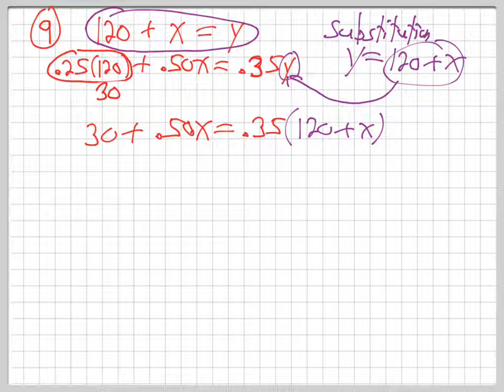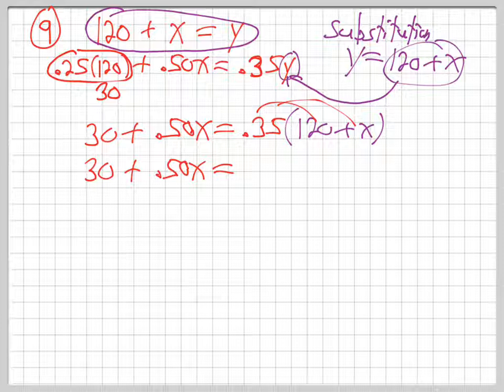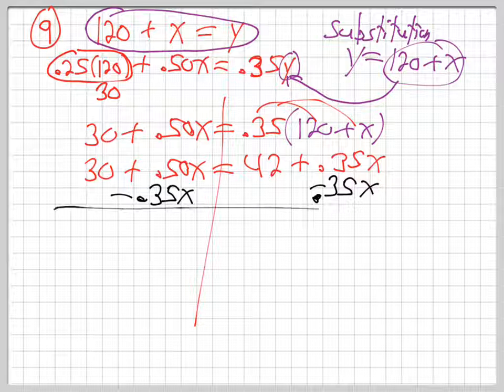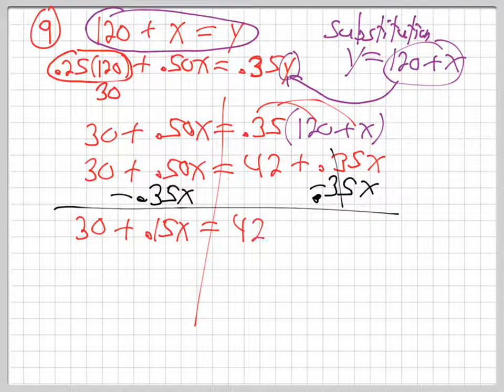All right, so let's crank this out. 30 plus 0.50x. Use your calculator. 0.35 times 120. I'm getting 42 plus 0.35x. Trying to solve for x here. We have x on opposite sides. So subtract the lower one from both sides. 30 plus 0.15x is 42.